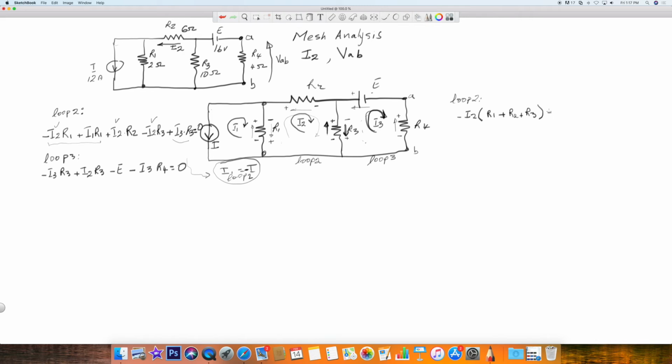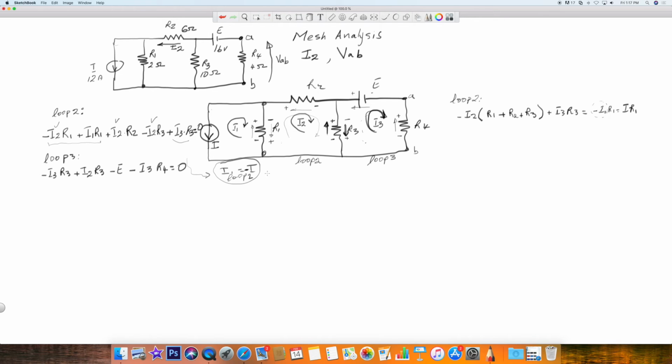And then we're going to do the final one, which is I3 plus I3 R3. And I'm going to move the other one to the other side. That would have been minus I1 R1, right? Now we know that minus I1 will be I, so that's equal to I times R1.